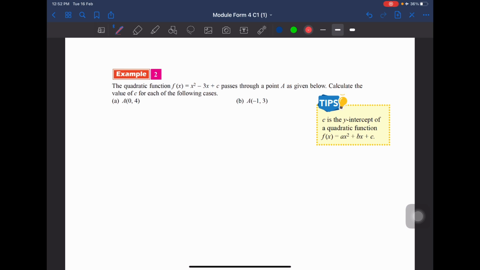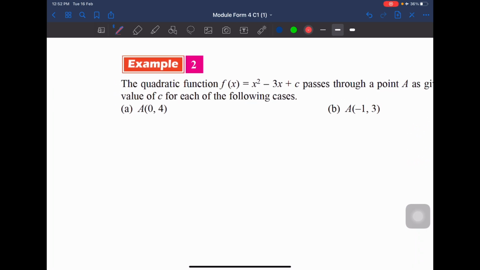Now we have a look at example 2. The quadratic function f(x) passes through a point A as given below. Calculate the value of C for each of the following cases. Ini mudah sahaja. For example, kita ada satu function, given a coordinate.